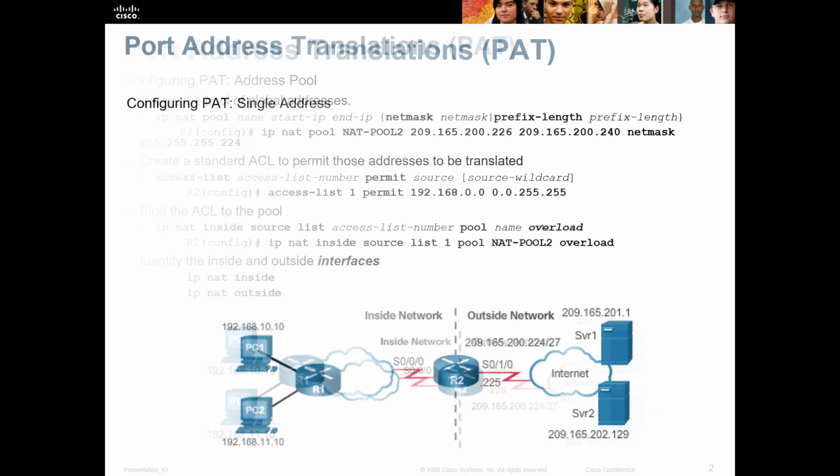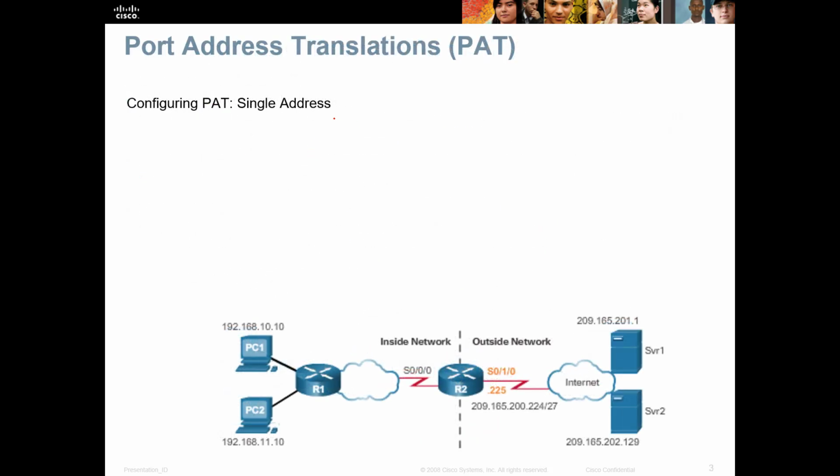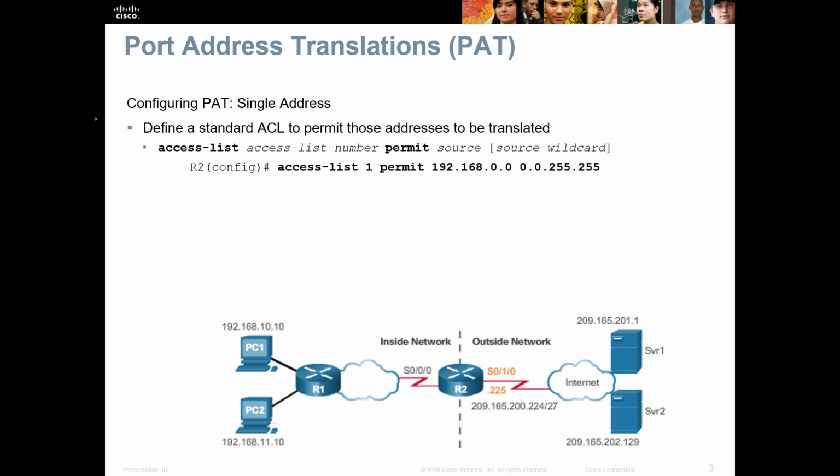Okay? Is there anything like static or a single address? And let me just whip through that real quick because you're going to see how different can this be from port address translation. You define the ACL. Okay. Now, what do you mean decide? What's single? This means, bad writing here, no pool.